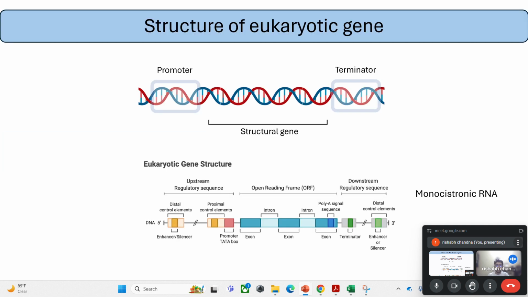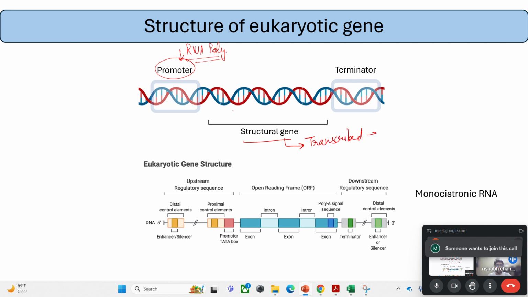So just a recap, talking about the structure of the eukaryotic gene. The basic structure of the gene starts with the promoter. We have an RNA polymerase binding site. This is basically a promoter where the RNA polymerase binds, recognizes a region on the DNA, and then we have the structural gene that is being transcribed into RNA.